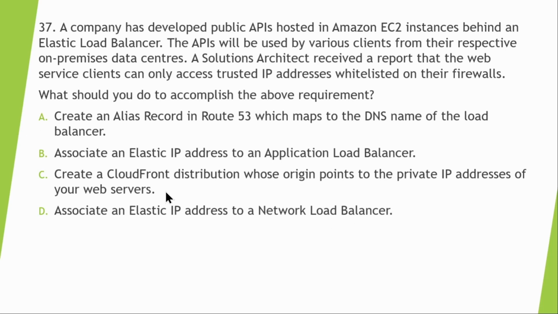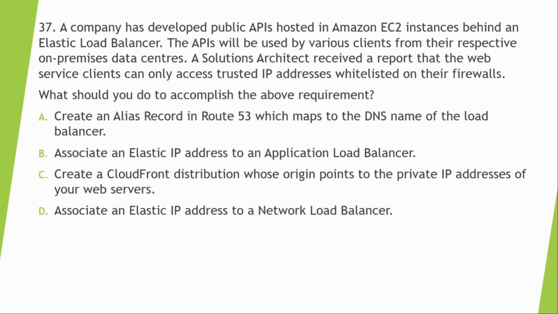Okay, so let's see why the others are not correct. Create an alias record in Route 53 which maps to the DNS name of the load balancer is incorrect. Why is it incorrect? Because it won't allow them to access the application because of the trusted IP addresses on their firewalls.